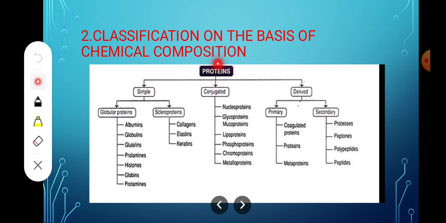Then next, conjugated proteins. These conjugated proteins are also called heteroproteins. These are associated with inorganic and organic prosthetic groups. These proteins are associated with a non-protein part known as a prosthetic group, which is important for protein functions. They are classified into five subtypes.